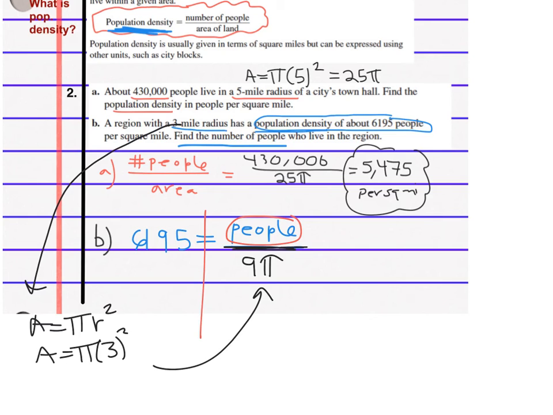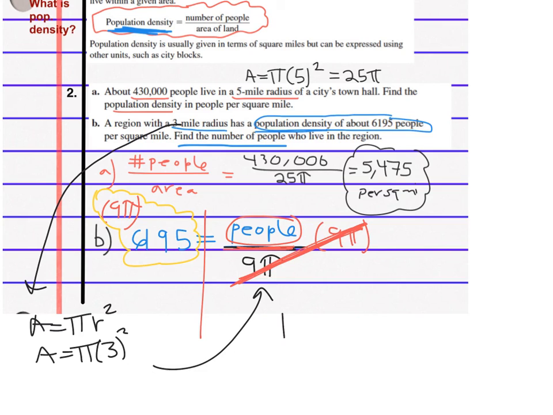To solve an equation with a fraction, you want to get rid of your fraction, your denominator. A fraction is division. The opposite of division is multiplication. So I am multiplying each side of my equation by 9 pi. These 9 pi's cancel. Basically what I'm typing into my calculator is 9 pi times 6,195.